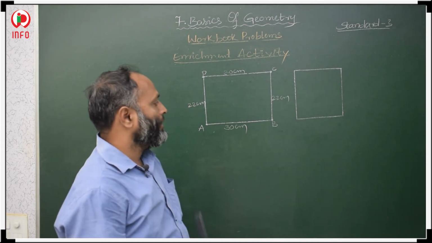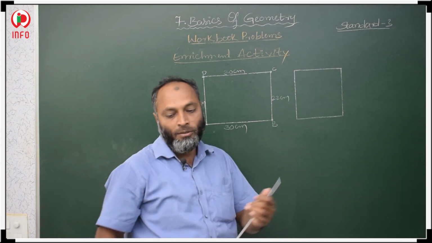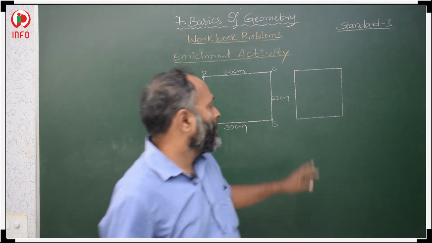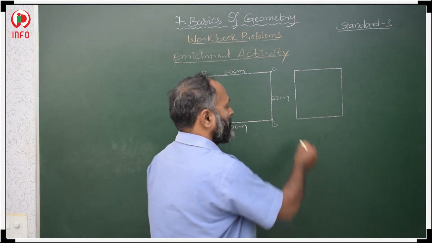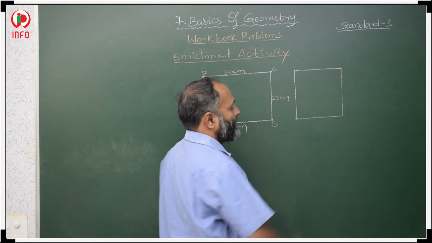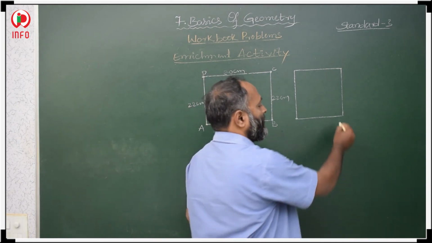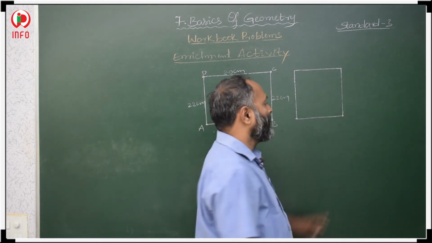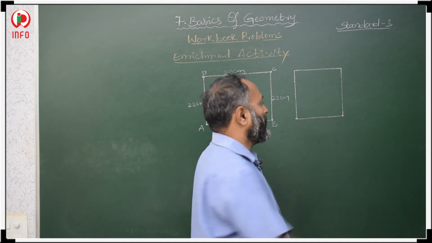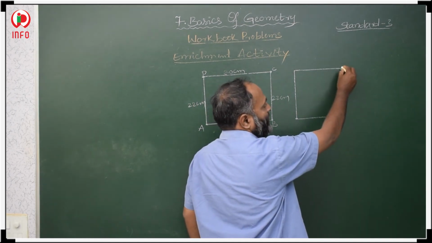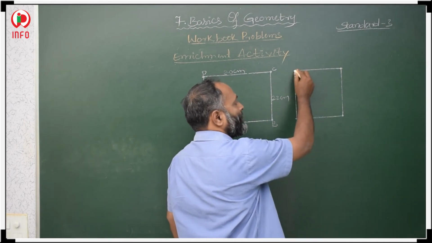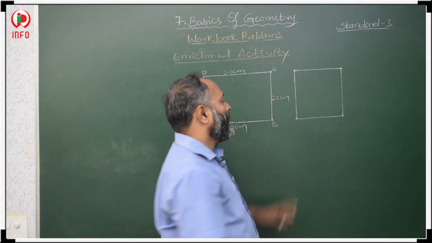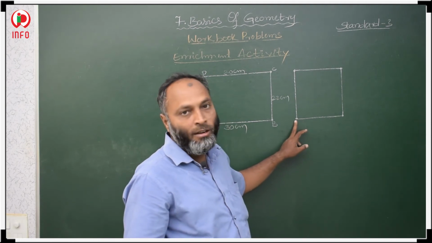Then after that, how many sides do we have? Here we form four sides: first, second, third, fourth. The intersection point of adjacent sides is our vertex.